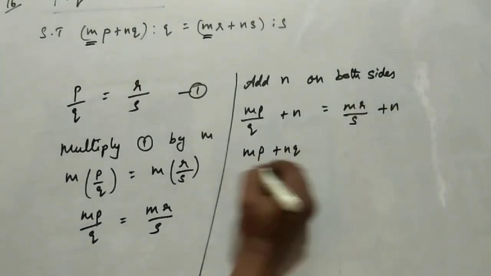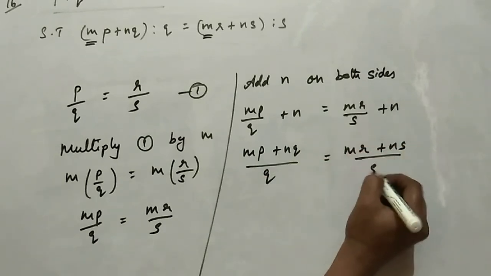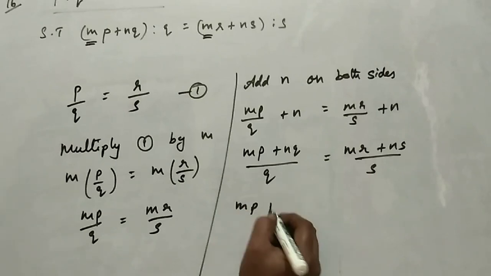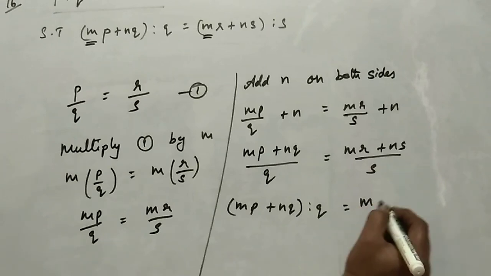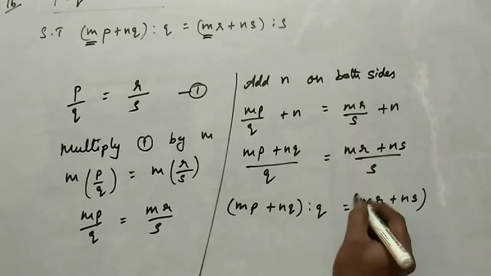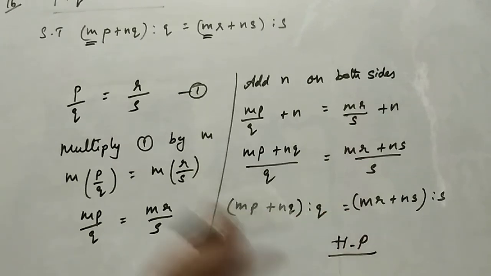MP plus NQ upon Q is equal to MR plus NS upon S. Hence proved. So P upon Q is equal to R upon S given. Multiply both sides by M and then add N on both sides. Take LCM and you will get the answer. Hence proved. Clear?